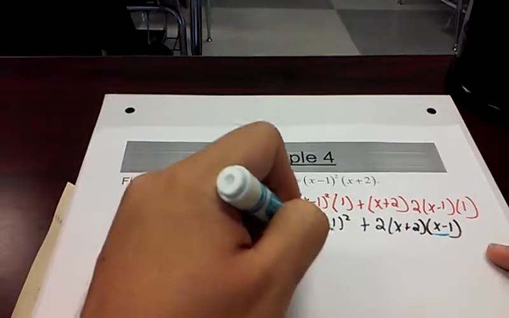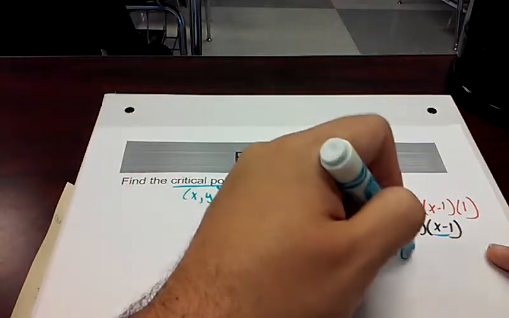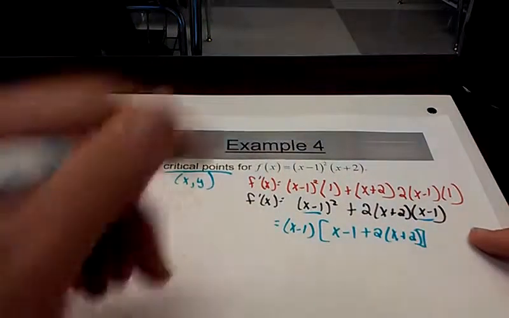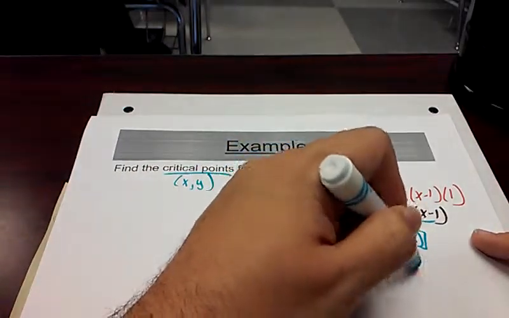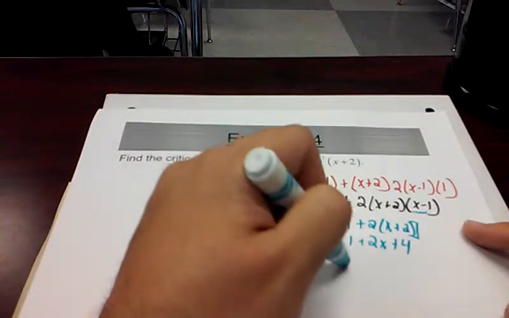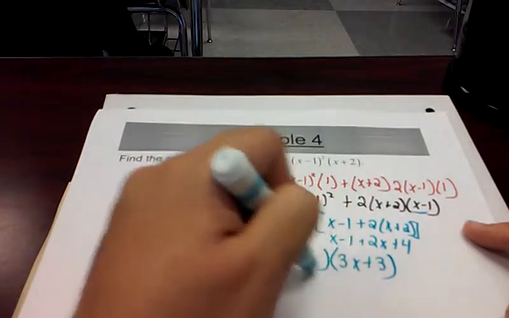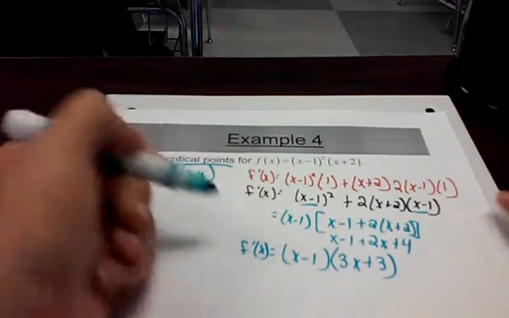So that's going to be (x minus 1) bracket, x minus 1 gets left, plus 2 times (x plus 2). Clean this up a little bit, distribute, so I'm going to get x minus 1 plus 2x plus 4. Combine like terms, so that gives me (3x plus 3) in one set of parentheses and (x minus 1) in another. So there's my derivative.